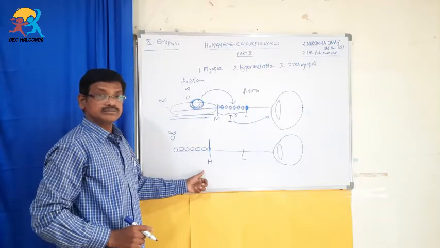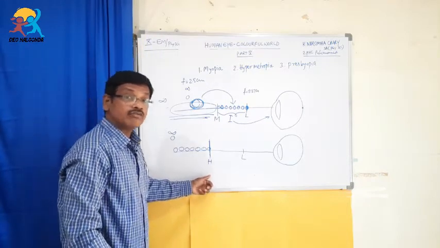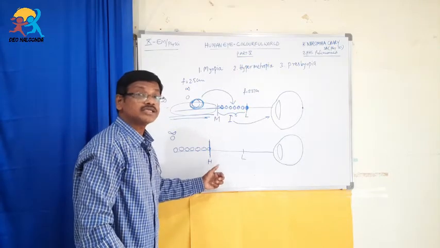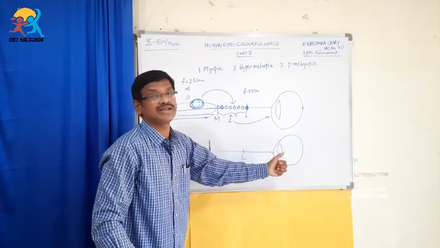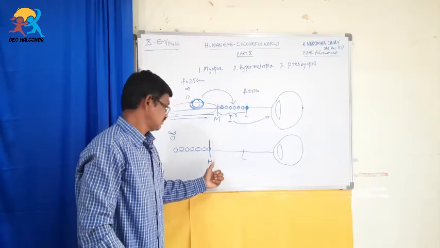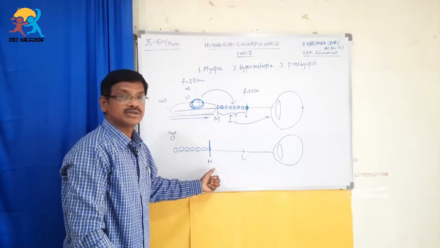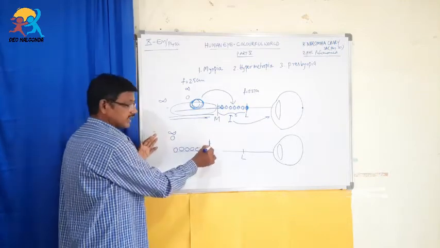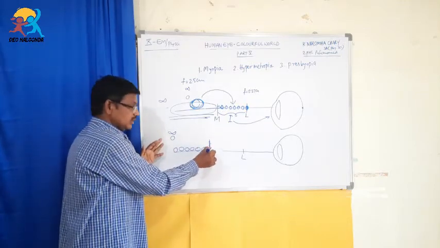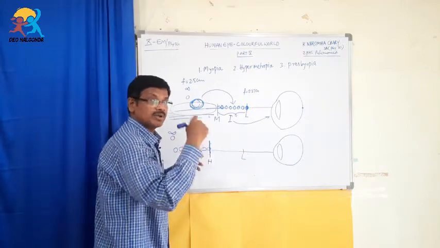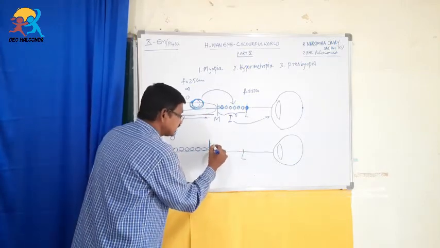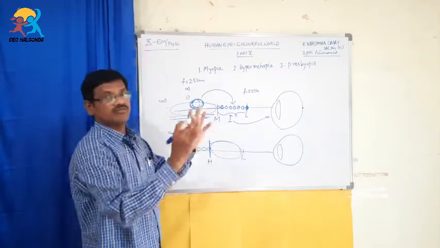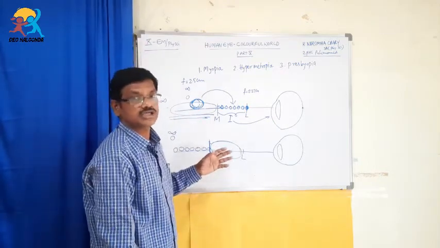The point of least distance at which the image of the object is formed on the retina is known as the near point. So, from infinity to the near point, the image of the object is formed on the retina, and if an object is kept between H and L, its image is not seen on the retina.